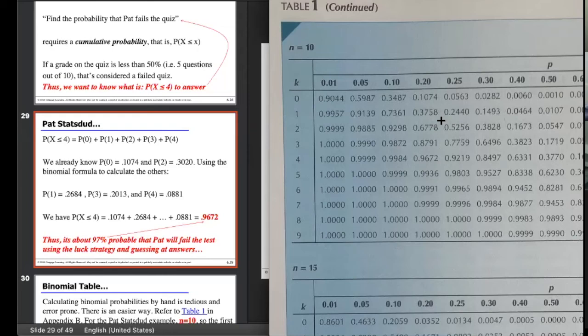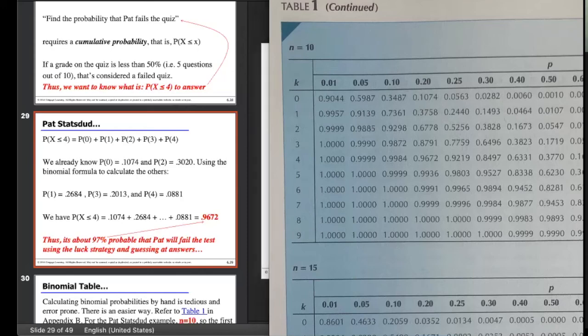Subtract it from 0, like subtract the 0.3758 minus the 0.1074. Exactly, very good. So we have to take 0.3758 minus 0.1074.